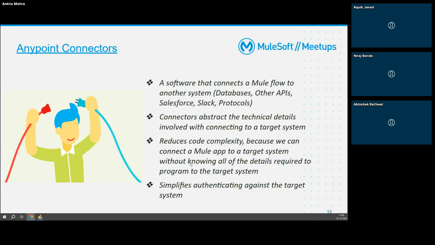You do not need to know the internal aspects of your target system while connecting your application to that system, because connectors have taken care of that. It also simplifies authenticating against the target system.